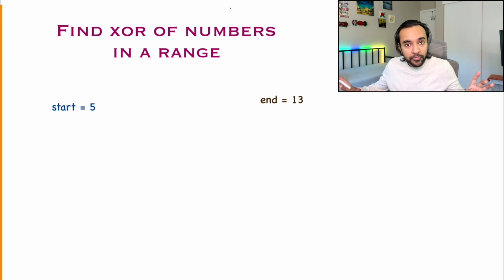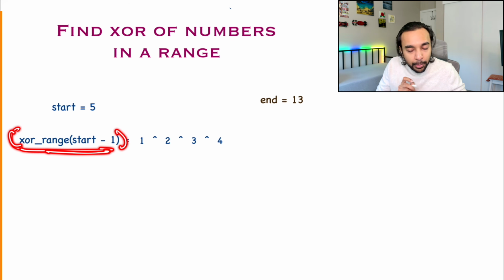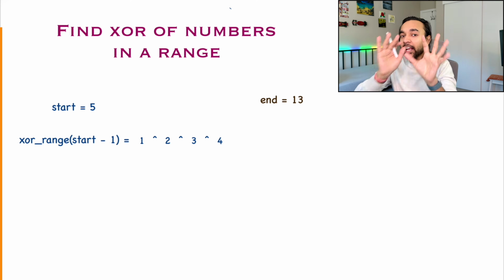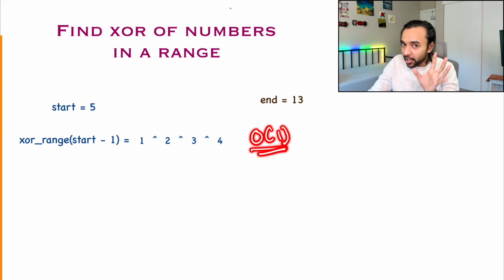So far so good. Now, for a moment, try to find out the XOR range for start minus 1. Basically, I'm trying to find out 1 XOR 2 XOR 3 XOR 4. This is what I have to find out. And I know for a fact that I can find it out in order of 1 time, correct?